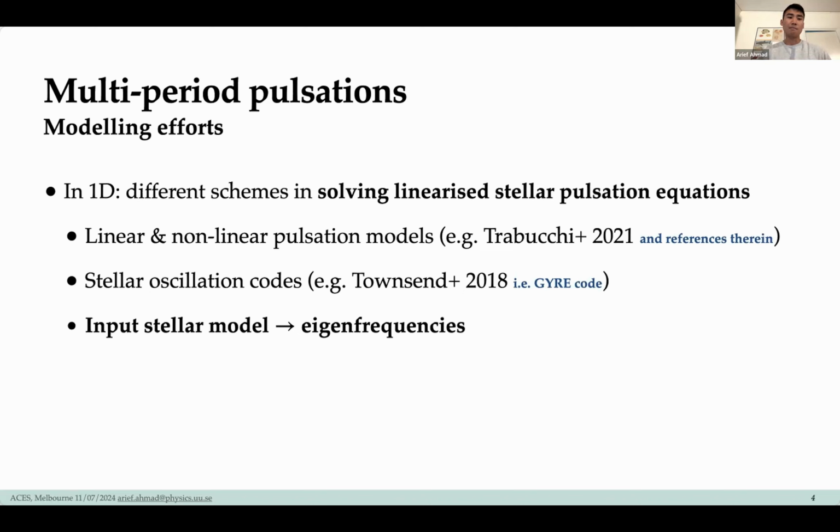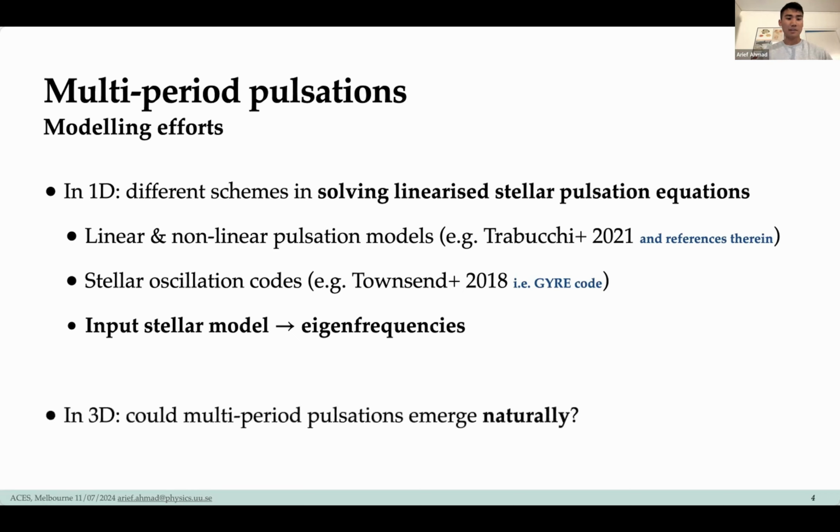More commonly used in asteroseismology are stellar oscillation codes, for example, the GYRE code, which we've heard a bit about today. In any case, in 1D, you would tend to have an input stellar model, and then you calculate the eigenfrequencies, which gives you the possible pulsation modes or periods within the star.